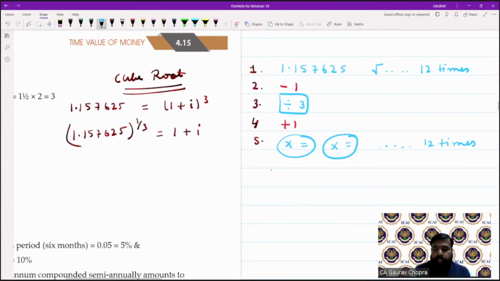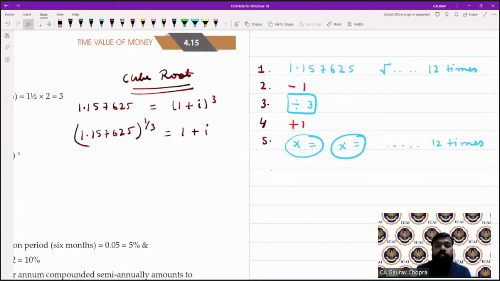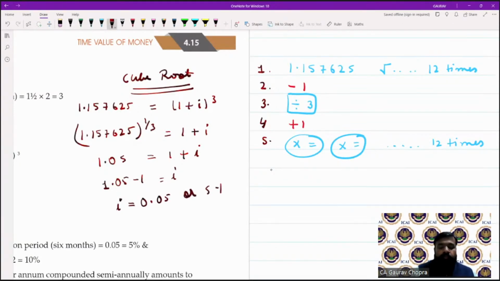Then you get the answer on screen as 1.05. So 1.05 is equal to 1 plus i. So 1 will go on the other side and get subtracted: 1.05 minus 1 equals i. Therefore, i will be 0.05 or 5%.